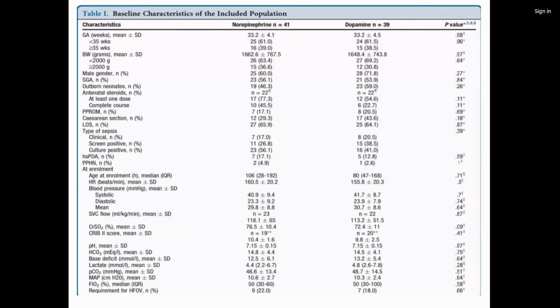After enrollment, other neonatal factors like heart rate, blood pressure, and SpO2 show both groups were equally sick at shock onset. Lastly, the acid-base metabolic status like pH, bicarbonate, base deficit, lactate, and PCO2 showed both groups had equally severe septic shock physiology. So the baseline demographic, clinical, hemodynamic, and biochemical characteristics were well balanced between the norepinephrine and dopamine groups, indicating effective randomization.